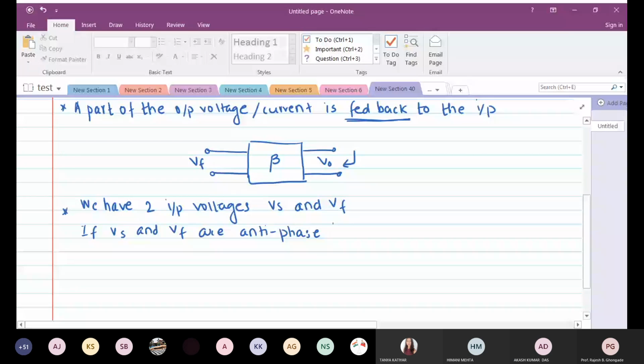Then we call this feedback a negative feedback. If both of them are in phase, we call it a positive feedback. We will not discuss anything about positive feedback. We will discuss only the negative feedback.